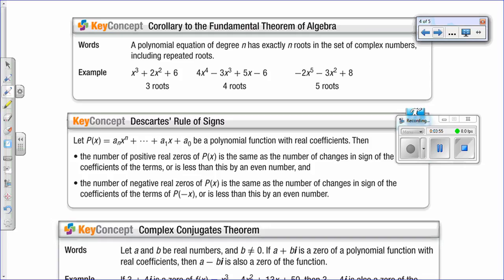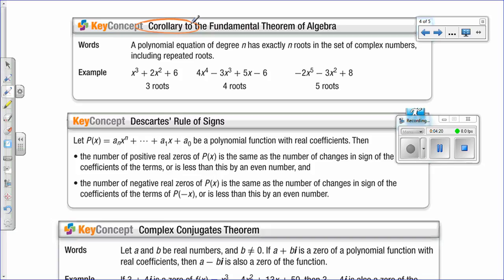Now, we have something called the corollary of the fundamental theorem of algebra. You guys know what that word means? Corollary. A what? Correlation, kind of like that. Now, it's kind of related to the theorem, yes. It's like a variation of the main theorem. So the main theorem says that every polynomial will have at least one complex root.